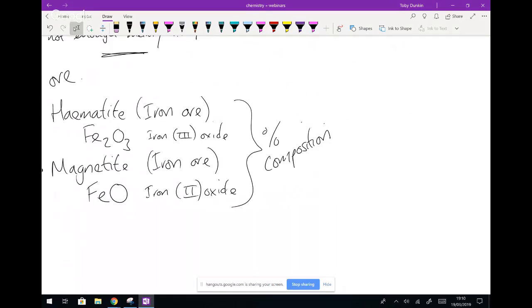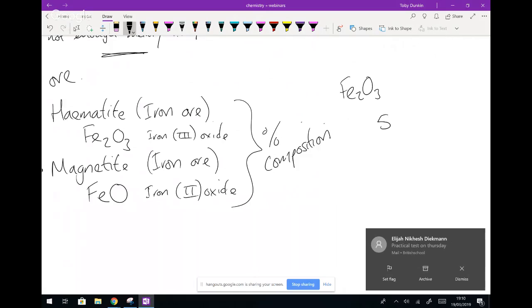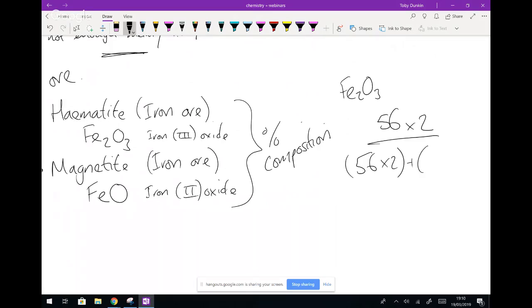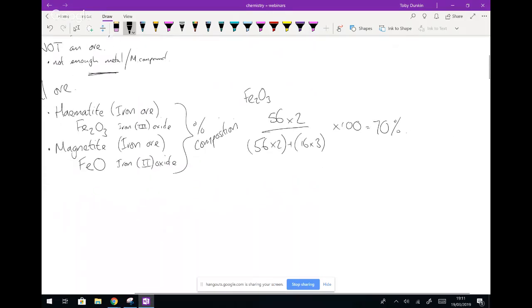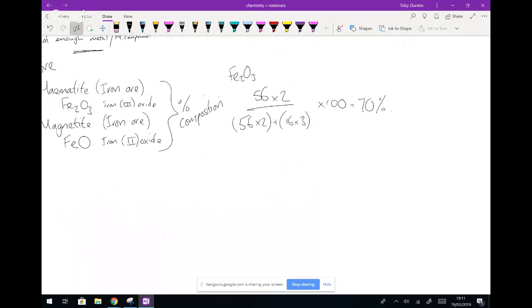If you want to work out the percentage of iron in Fe2O3, I have 56 times 2 over 56 times 2 plus 16 times 3. And then I times that whole number by 100. I seem to recall, by the way, I'm pulling numbers out of my head because I haven't got a calculator on me, that spits out around about 70%, which is a reasonable output for an ore.